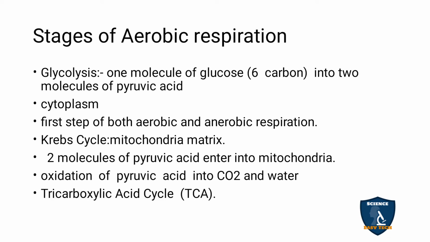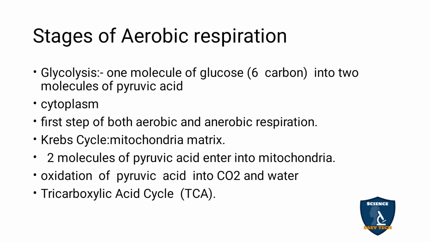Where does this glycolysis take place? The glycolysis takes place in the cytoplasm of the cell. And this glycolysis takes place in both aerobic and anaerobic respiration. This is the first step in both. So if they ask about glycolysis, just remember one molecule of glucose is converted to two molecules of pyruvic acid.